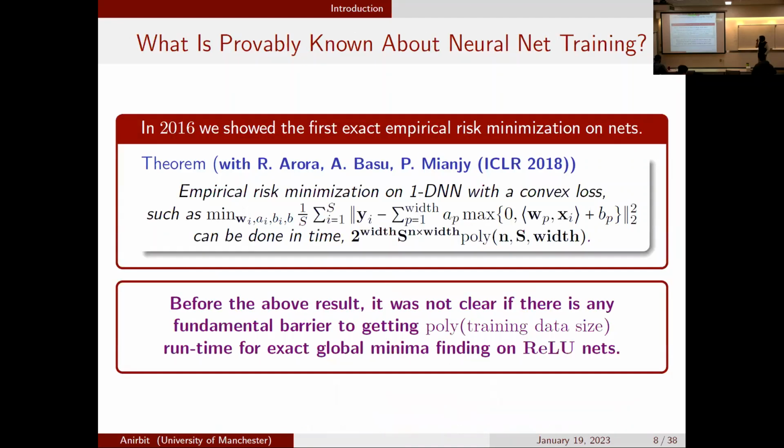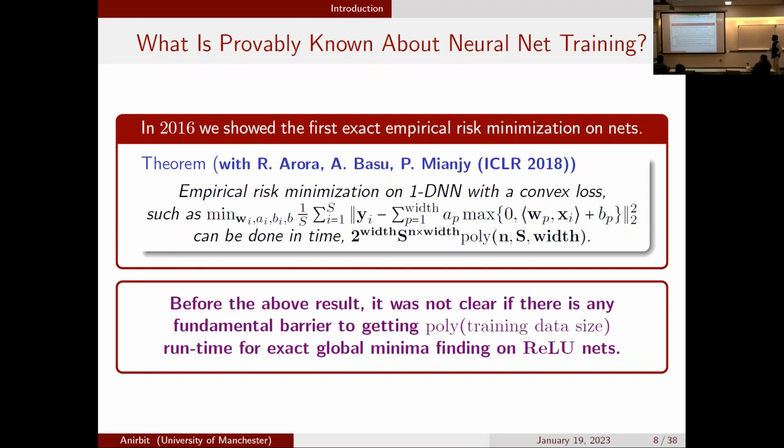Okay, so let's see what is provably known about neural net training. When I started the research, one of my first results was in 2016, where my collaborators and I showed that if you take a single layer of hidden gates neural network with ReLU activation and consider the loss function given here, which is the empirical risk minimization problem over arbitrary data xi and yi, when the data is being passed through one layer of ReLU gates.